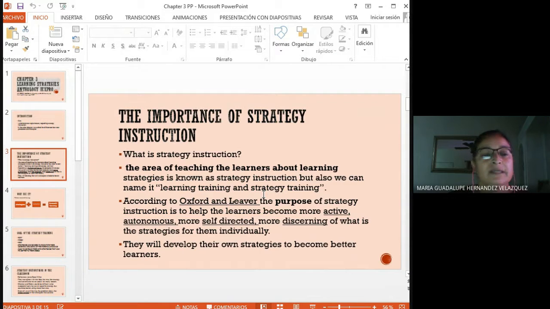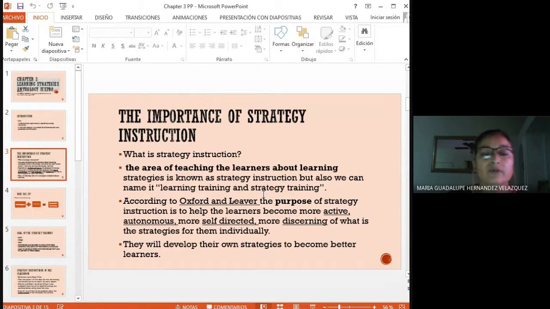What is the strategy instruction? It is the area of teaching the learners about learning. It is known as strategy instruction, but we can also name it learning strategy or strategy training.